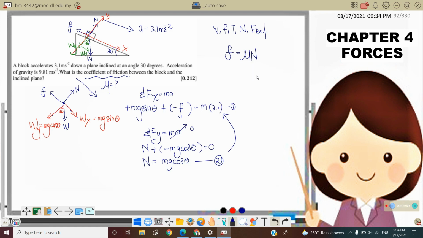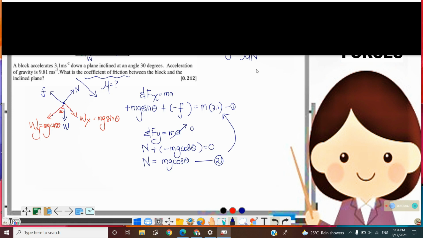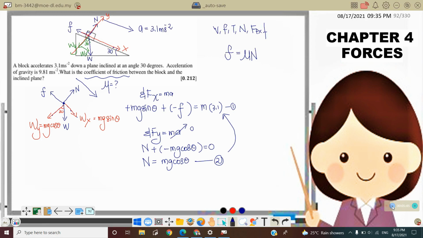From equation 1, mg sine 30 minus mu n equals 3.1 m.